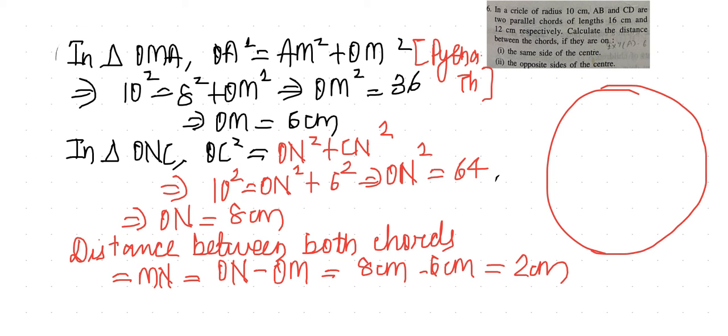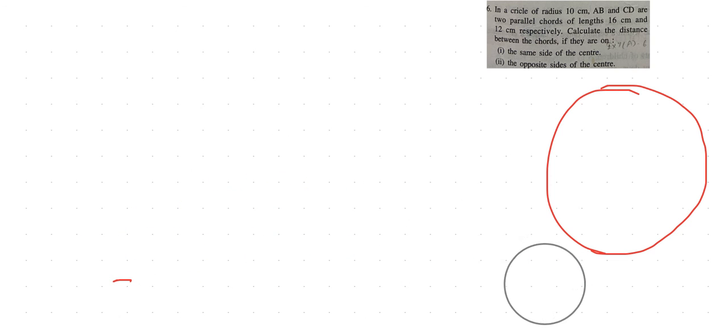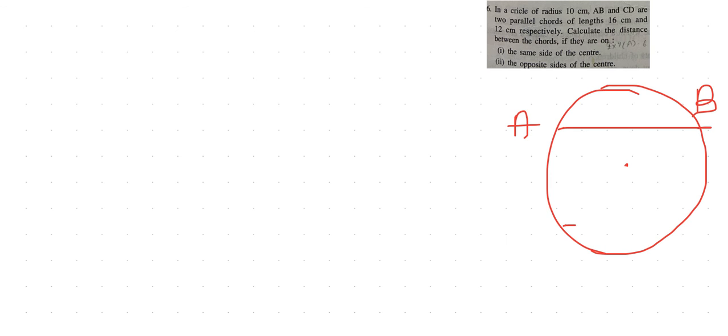Let this be your center, let this be your chord AB and let this be your chord CD. Then you will be dropping perpendiculars like this. Suppose this is OM and suppose this is ON. Then you will be drawing lines like this, and that will be the radius.